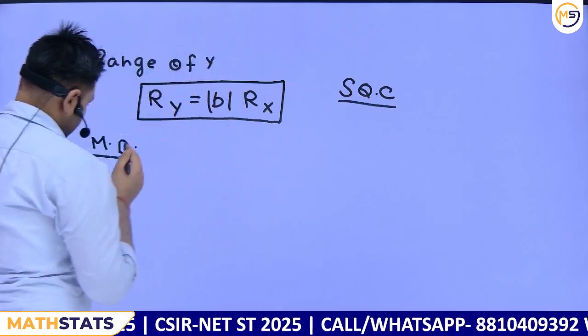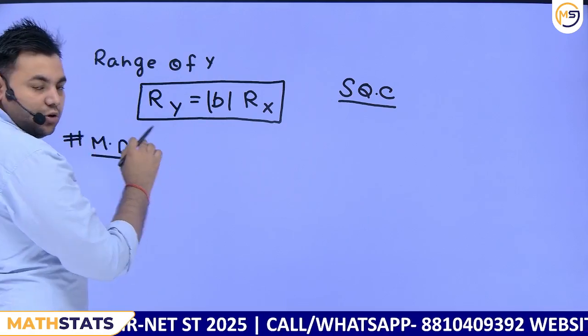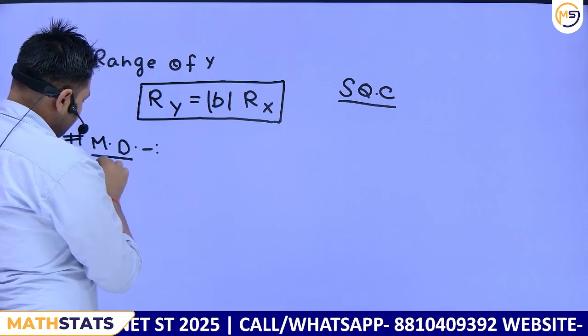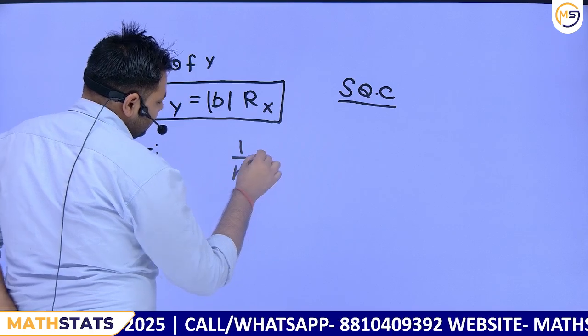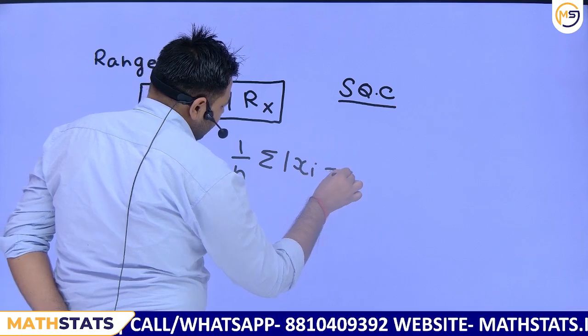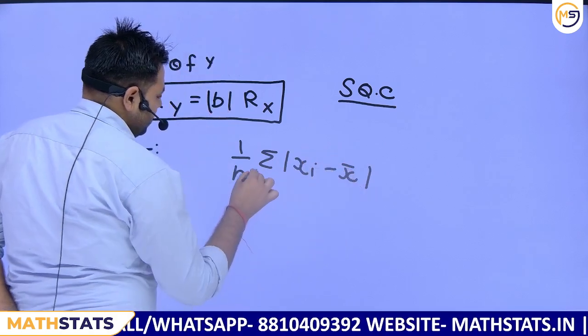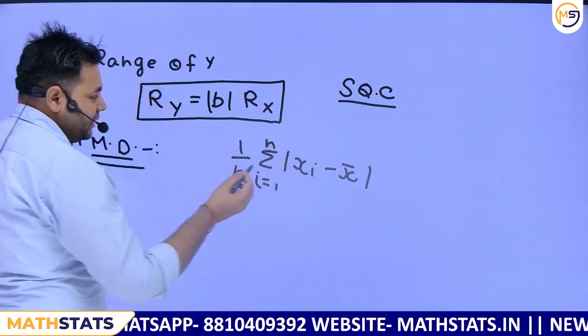Now I am discussing mean deviation. What is mean deviation? Mean deviation is 1 upon n summation of mod of xi minus x bar, i equal to 1 to n. This is the formula of mean deviation.